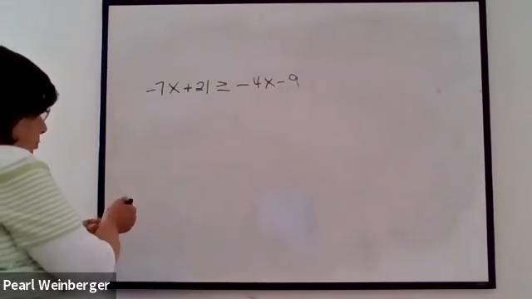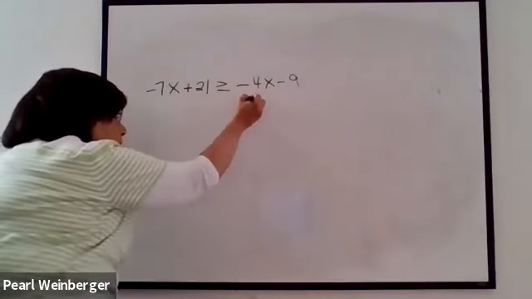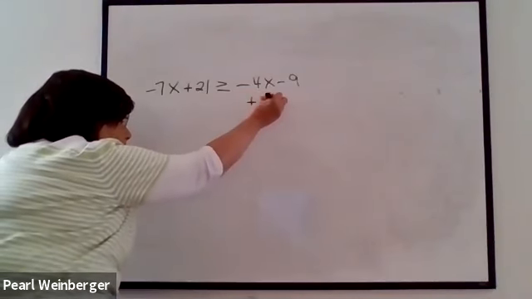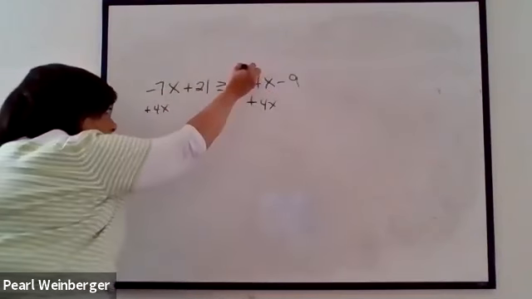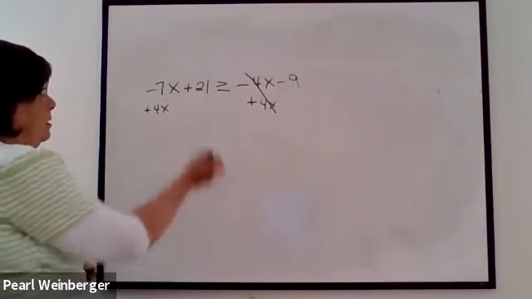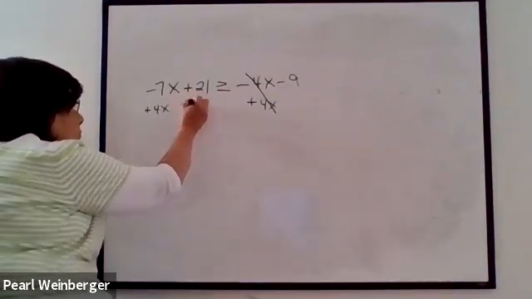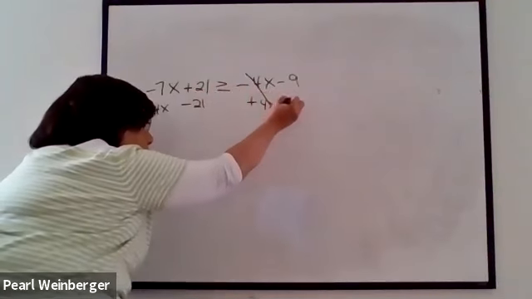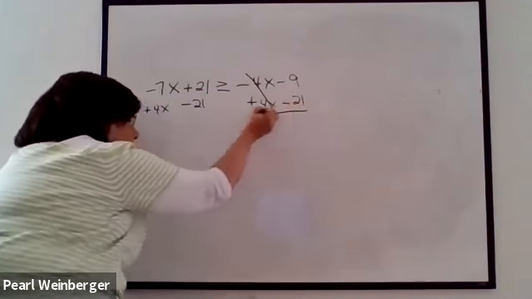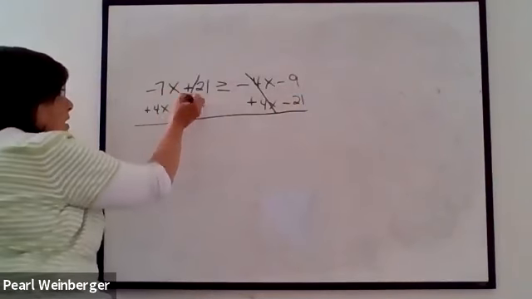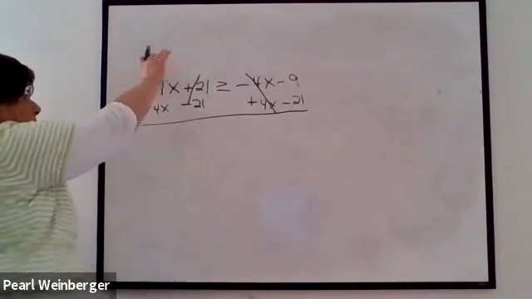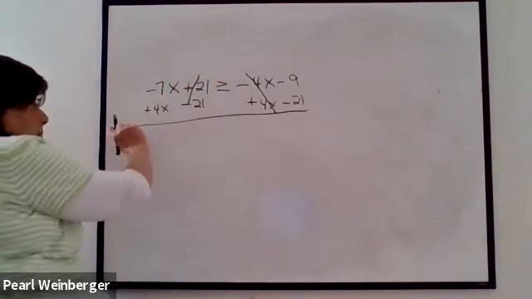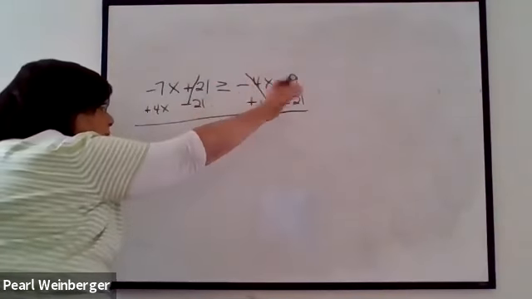So in order to do that, I'm going to add 4x to both sides, so that there are no x's left on the right side. And I'm going to subtract 21 from both sides, so that I'm not left with any numbers on the left side.